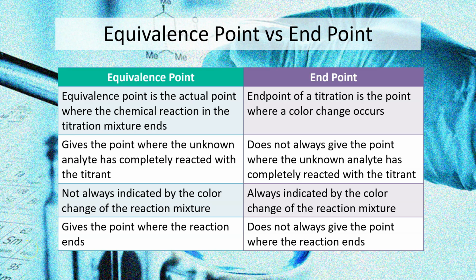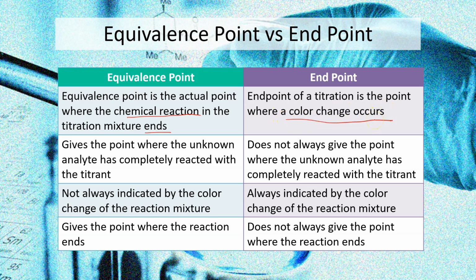Next, we look into the comparison between the equivalent point and the endpoint. The first comparison: the equivalent point is the actual point where the chemical reaction in the titration mixture ends, while the endpoint of a titration is the point where a color change occurs.